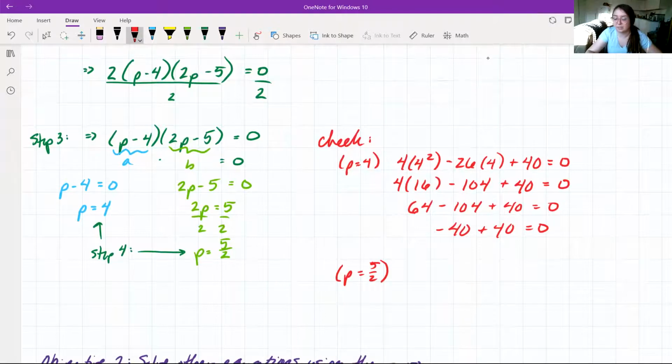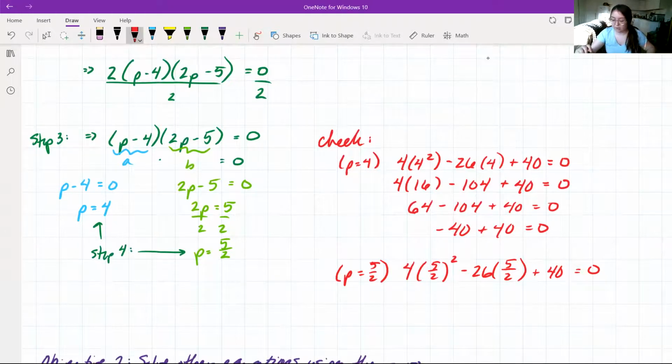This one's a little tougher. So we have 4 times 5 halves squared minus 26 times 5 halves plus 40 is equal to 0. So 5 halves squared is going to be 25 over 4.